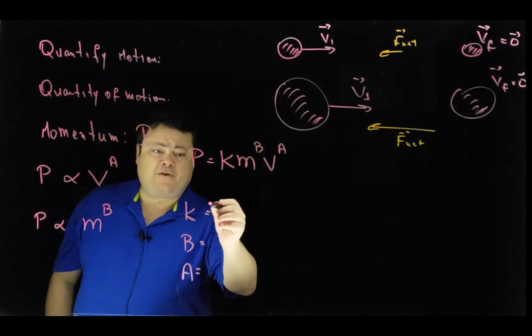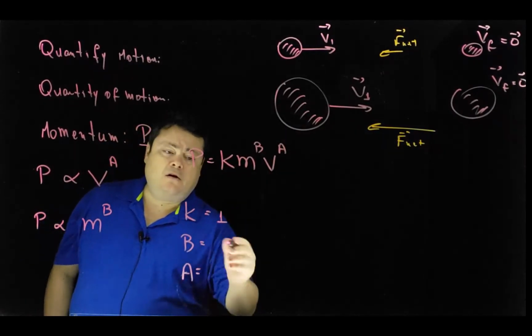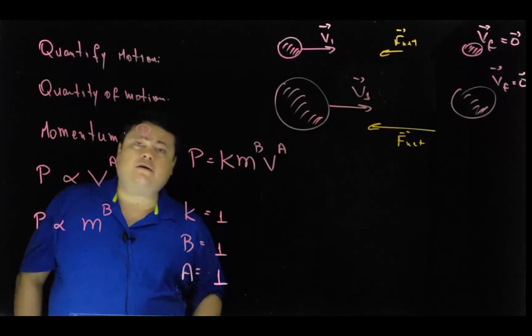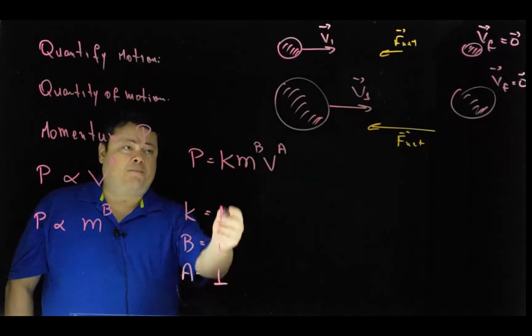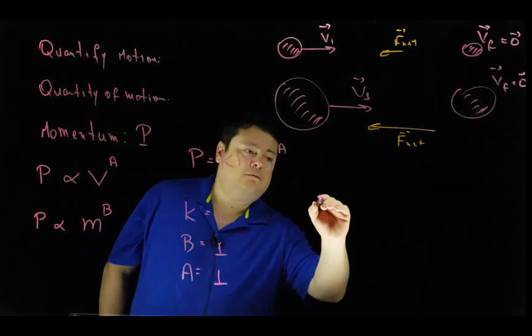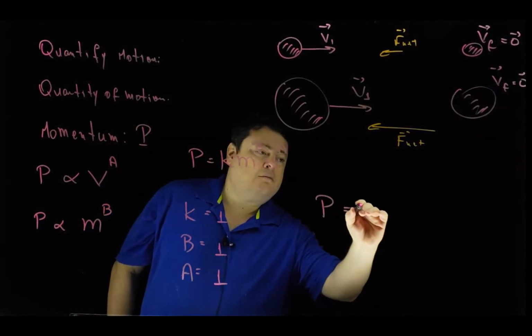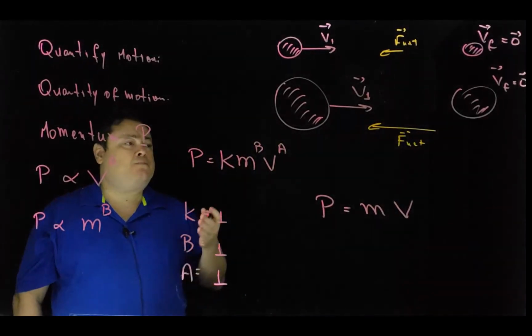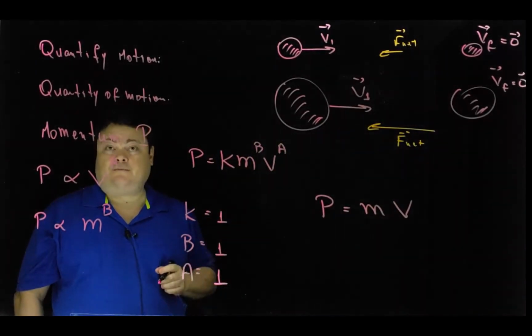So the simplest possible value for the constant k is 1, for the coefficient b is 1, and for the coefficient a is 1. And if I apply those to my equation, momentum can be rewritten as P equals m times v.